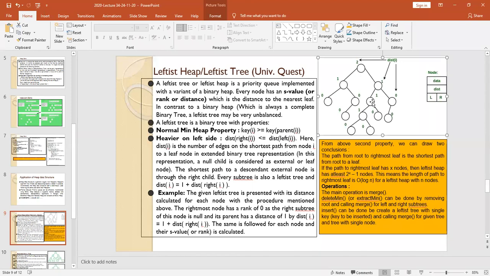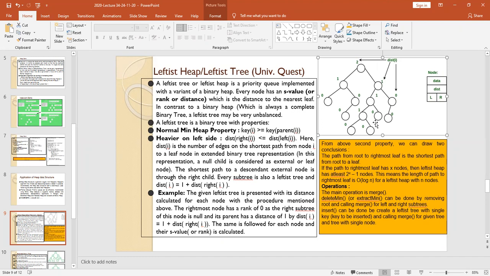Here also, on the left you have 1 and on the right you have 0. Similarly here, we call this a leftist heap. A leftist heap means the left part will have greater data compared to the right one. That is called a leftist heap or leftist tree.